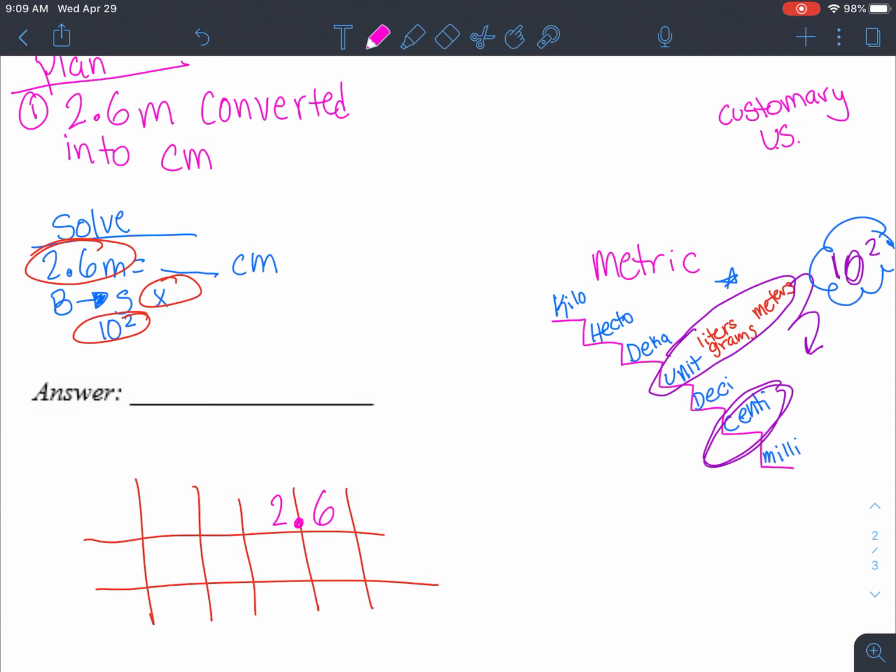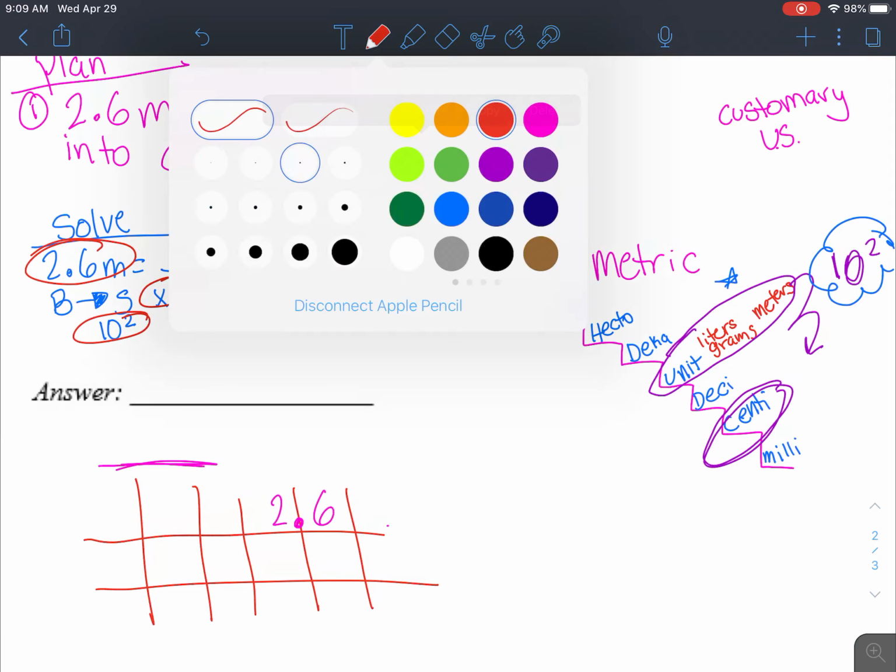I know when I'm multiplying by a power of 10, I'm moving to the left, and that's why I have so many extra spaces to the left instead of to the right. I'm going to be moving 2 place values to the left because I'm multiplying by 10 to the power of 2. Oops, how'd that square get there? I don't know.